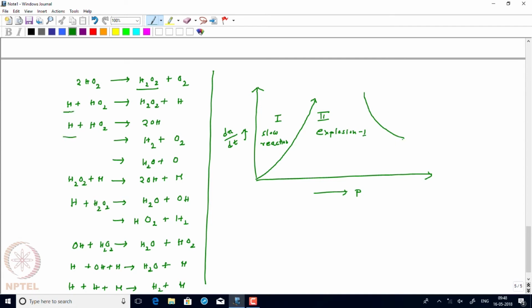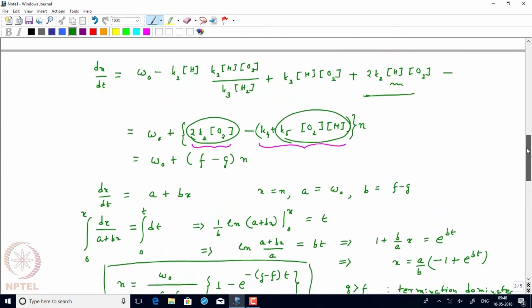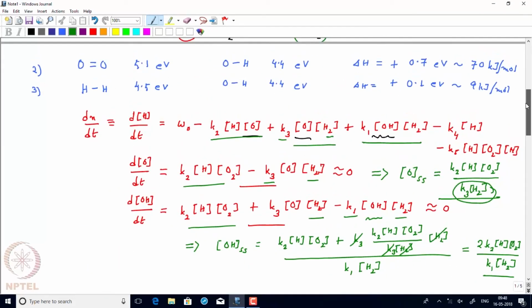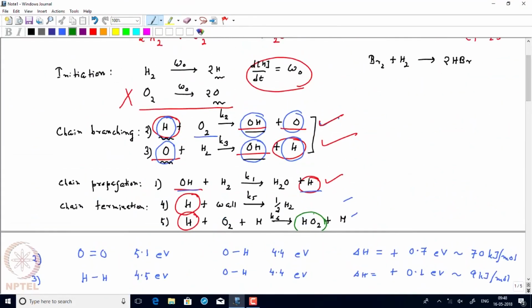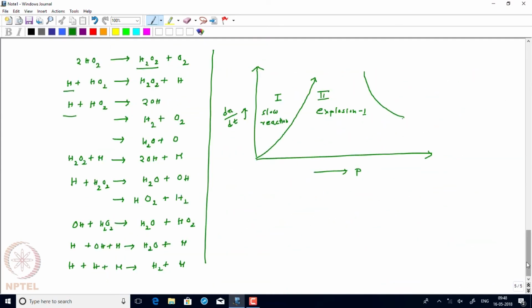As you can see, if you increase the pressure, you can generate this HO2 species, and this HO2 can now abstract the H atoms. Then you will see a drop in the reaction rate, and so you have a region 3 where things are burning. It's called the atmospheric flame.